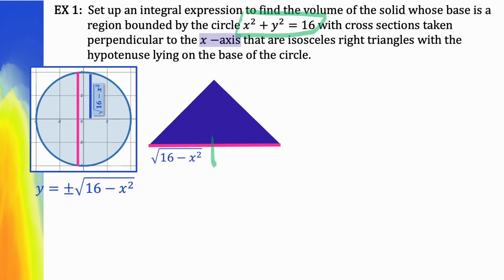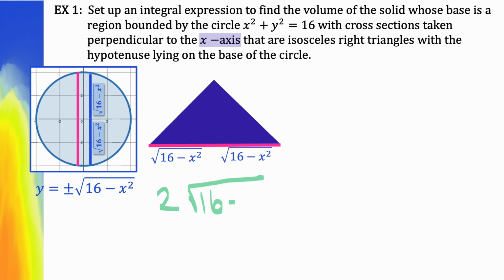And then the negative version of that is on the bottom part of the circle, so that's the rest of the isosceles right triangle. So then the base of my isosceles right triangle is 2 times the square root of 16 minus x squared.